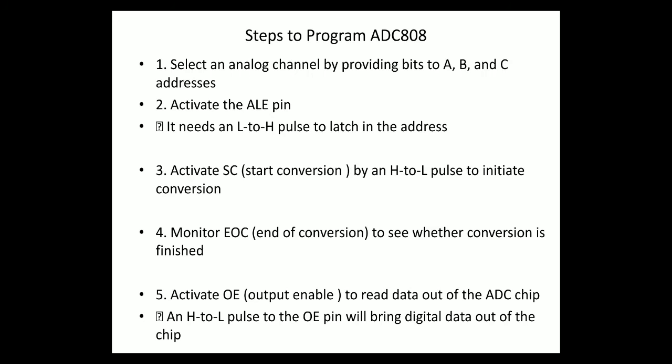Once EOC is completed, OE is to be activated by sending an H to L pulse, and then the data becomes available on the output channel, just like your ADC 0804. Did you remember these steps? If you know these steps, then you will understand the program. If you have not understood, please listen to this once again, and then come to my program.